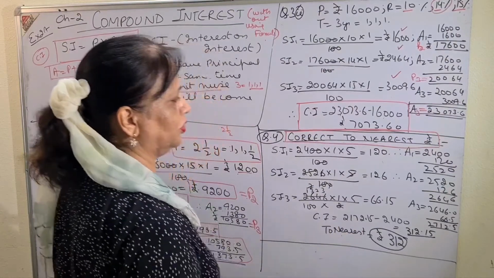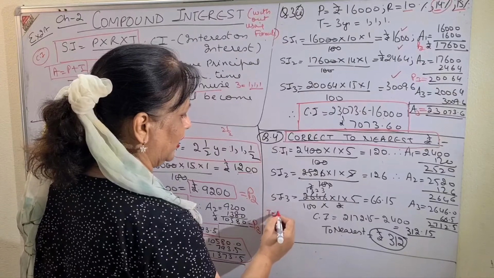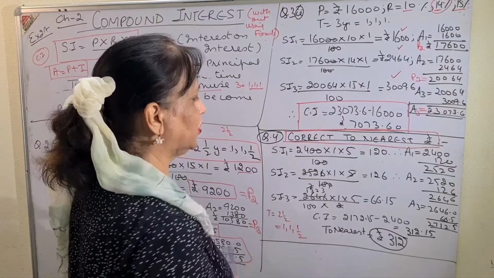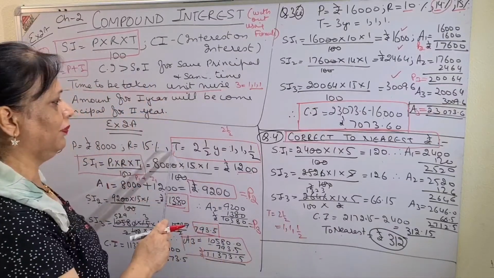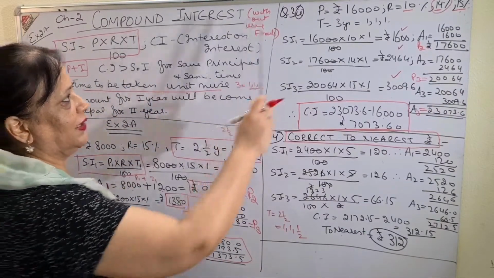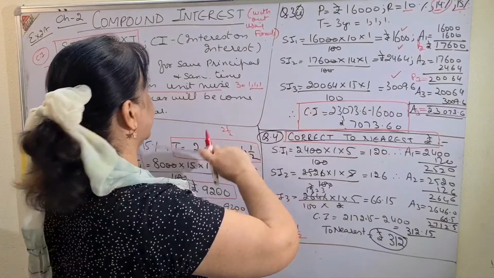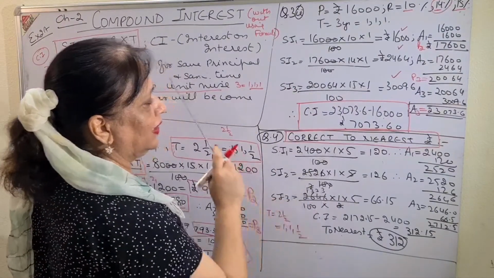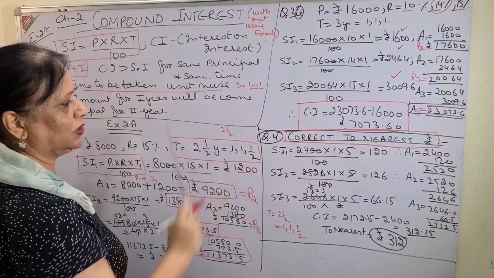So I took time unit-wise, 2.5 years means 1, 1, 0.5. I have told you to write the data in the beginning. You are going to write it as I have done in question number 2 second part or 3 second part. Then you calculate SI1 in the same way as I did in the last two questions.